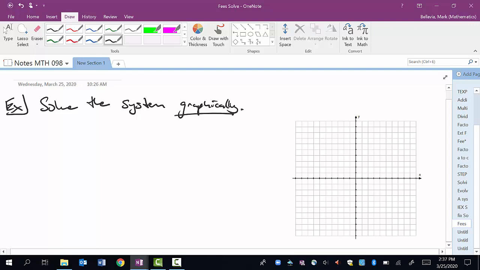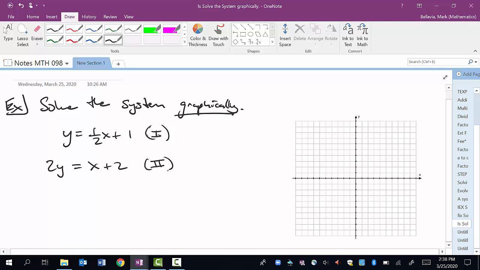Okay, graphically means you want to graph them both. The first equation I'll have is y equals 1/2 x plus 1. I'll label this equation 1. The second one is 2y equals x plus 2. And I'll label this equation 2.